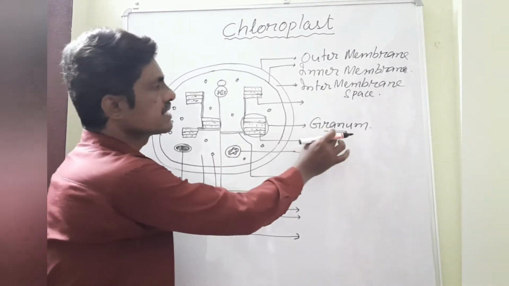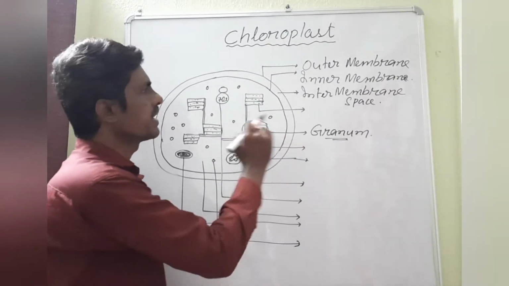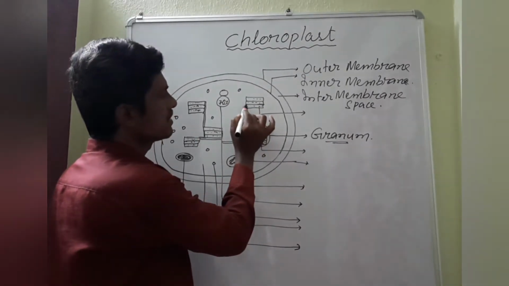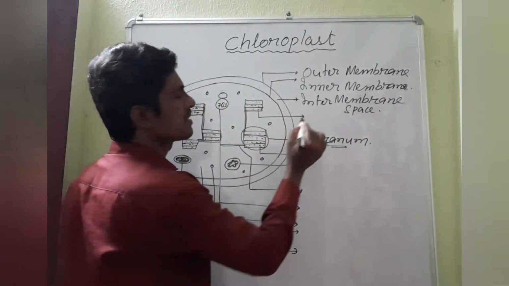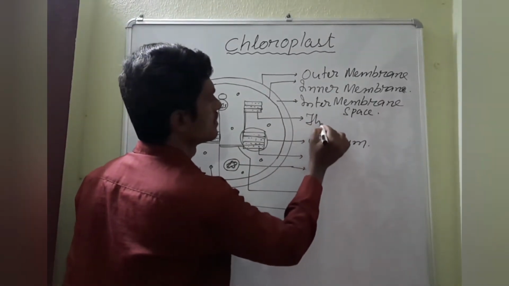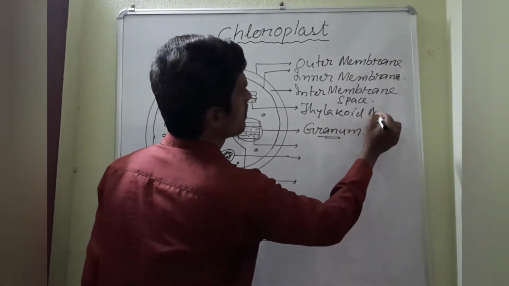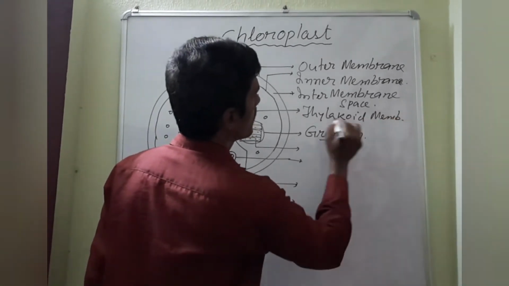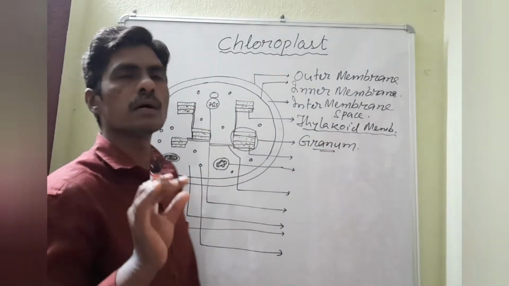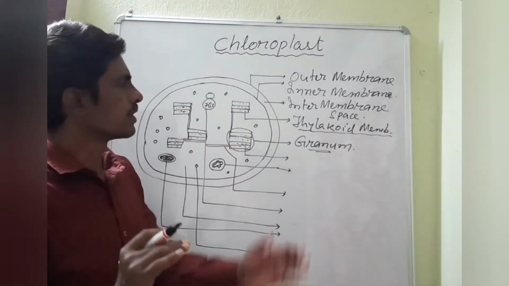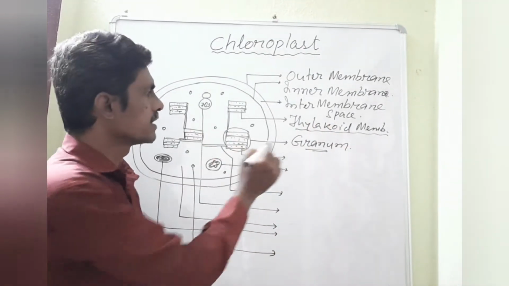Now see that this granum consists of a number of plate-like structures. Each plate, you see, this is one plate. Each plate-like structure is called a thylakoid, or thylakoid membrane. A number of thylakoid membranes together form a structure we call a granum.